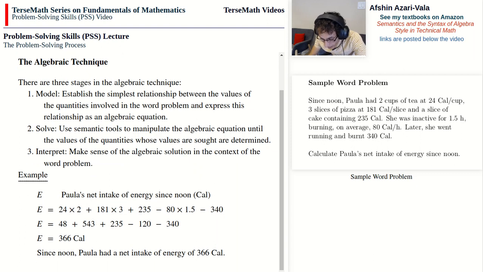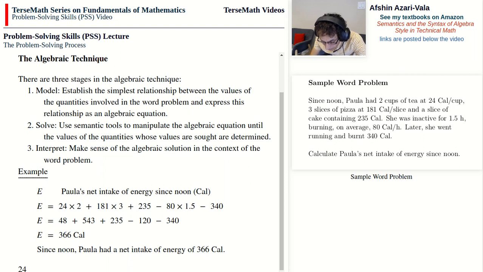Let me actually show you what we're looking at here. Okay, so here I have, let's type the number again. So 24 times 2, and then 181 times 3. And then we have 235.